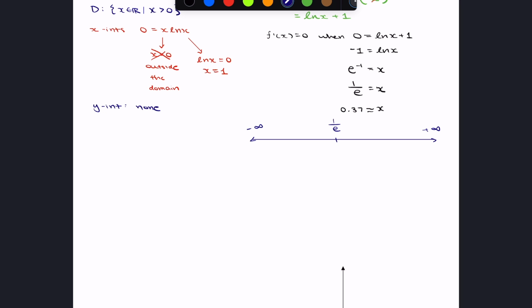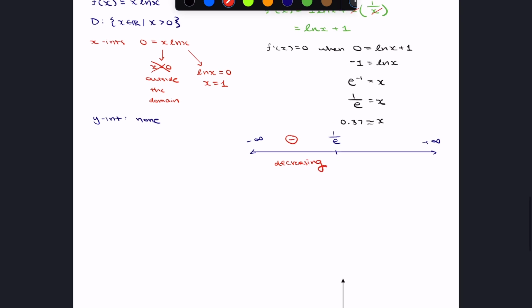Sub that into f prime of x. Get a negative value. So here we'll see that it's decreasing. And a value that's greater than 0.37, so 1, we'll see that that's going to be positive. So it is increasing. So it's decreasing from negative infinity to 1 over e, and then it is increasing from 1 over e to infinity.